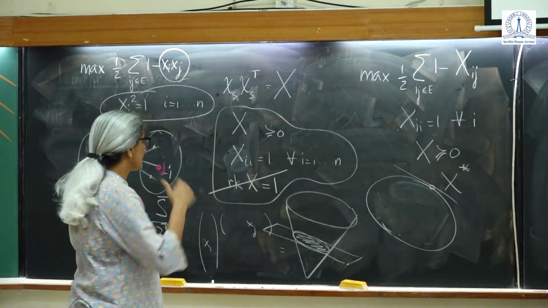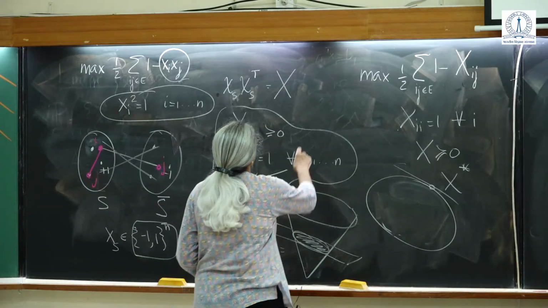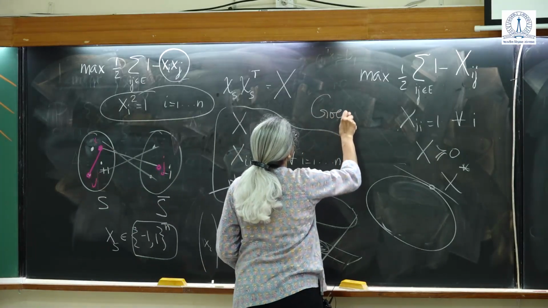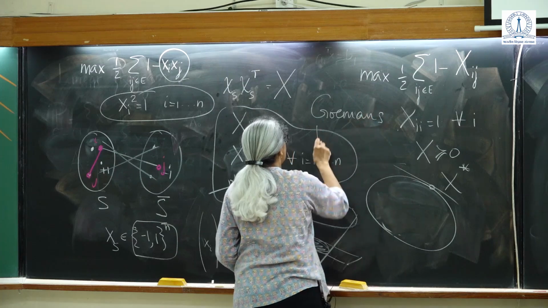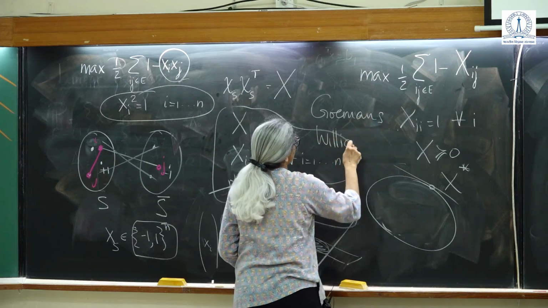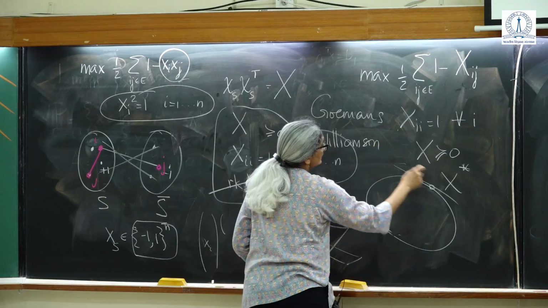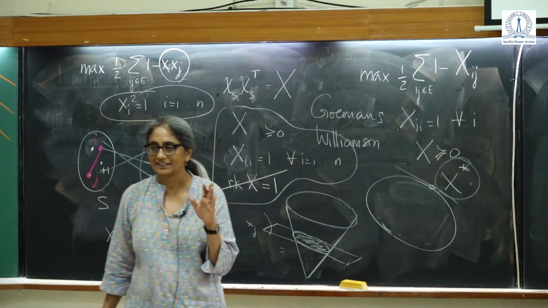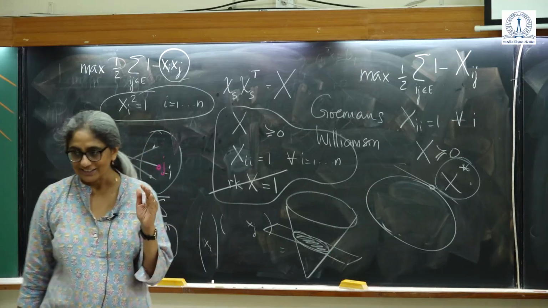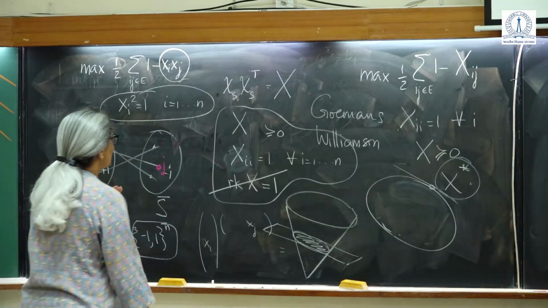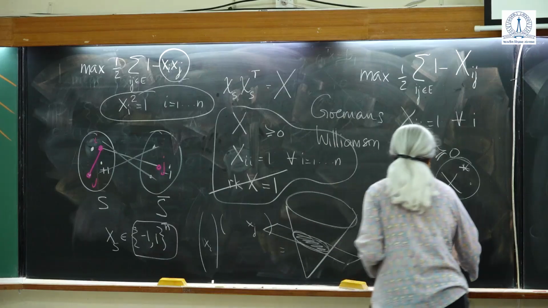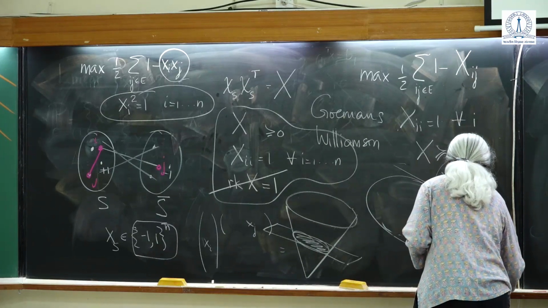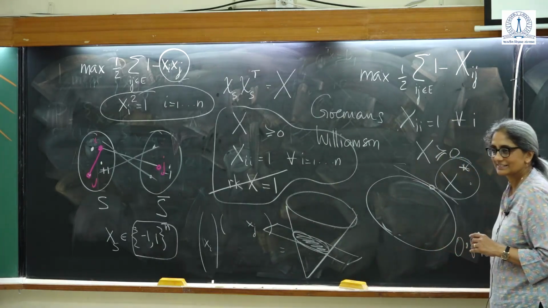And the big result of Goemans and Williamson from like 1994 is that whatever you get here, this X star, there is a very clever way to round this to a cut that is guaranteed to be at least 0.878 times the max cut.